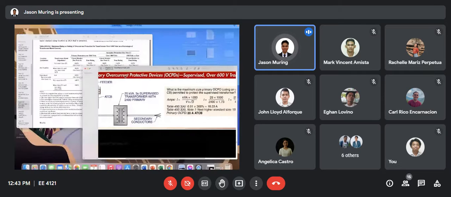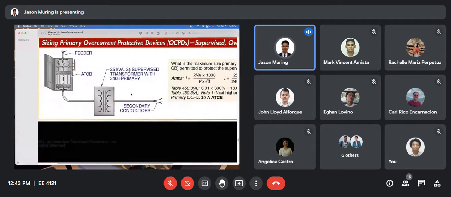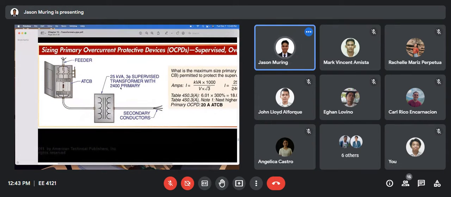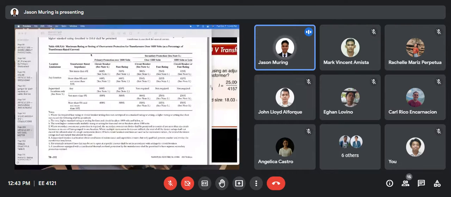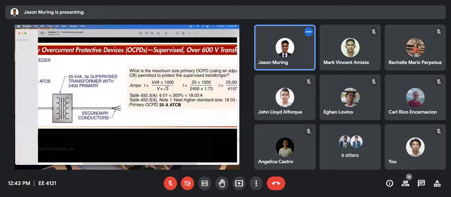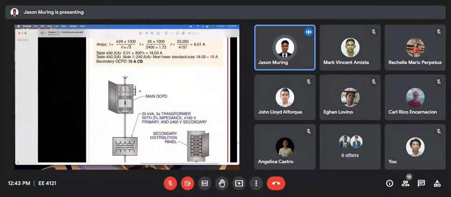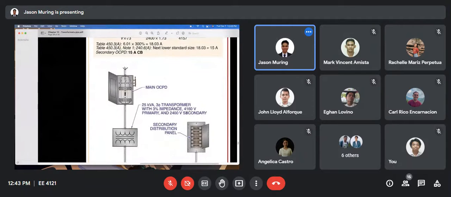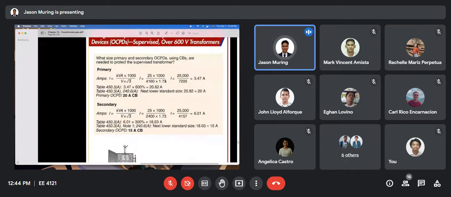But we still have to use this column here because the voltage of the transformer is 2,400 volts, so it exceeds 1,000. The voltage in the primary is 4,160 and the secondary is 2,400. Therefore, both of them exceed 1,000, so we can use the same table.